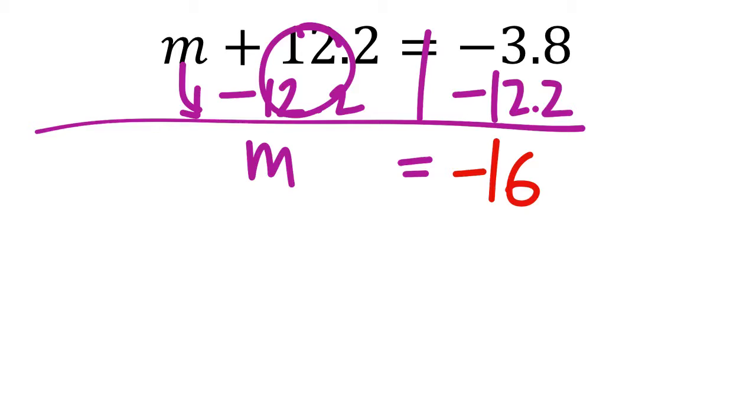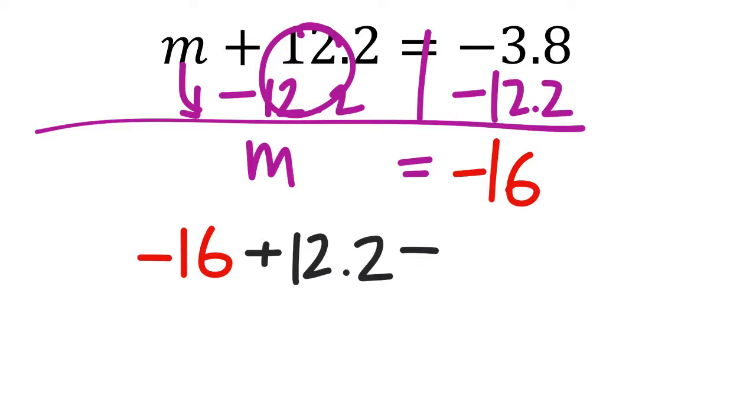Now, the next thing I would do, just to check, right? So I'm looking at the checking portion of this. I said m is negative 16, so I'm going to check the equation, but instead of m, I'm going to write in negative 16. So it's negative 16 plus 12.2. Does this equal, and that's why I got the question mark there, negative 3.8? Let's check with the calculator.